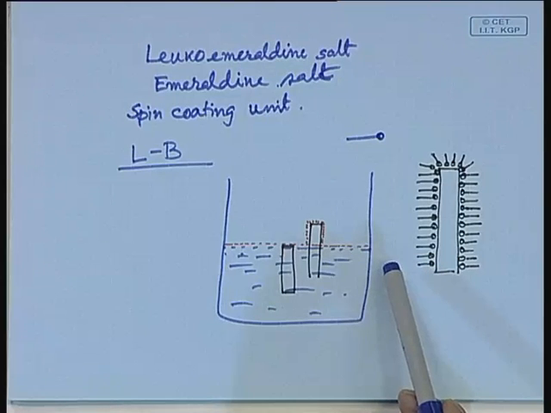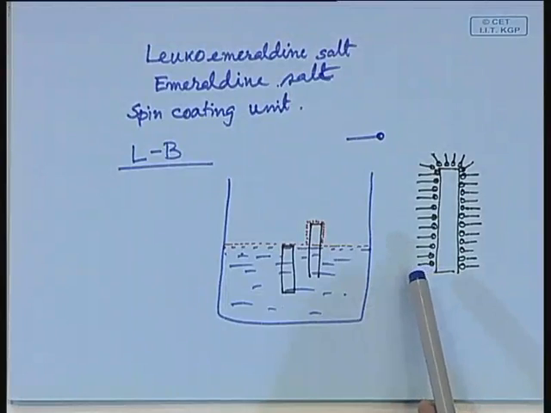So, if you have a conducting polymer, and you can find a suitable solvent in which to dissolve it, then if you have one LB unit in your lab, with the help of that LB unit you can deposit a monolayer or a double layer, that means a thin film, on a substrate.